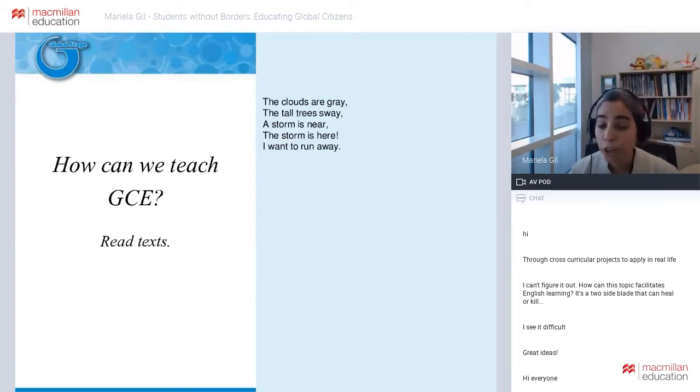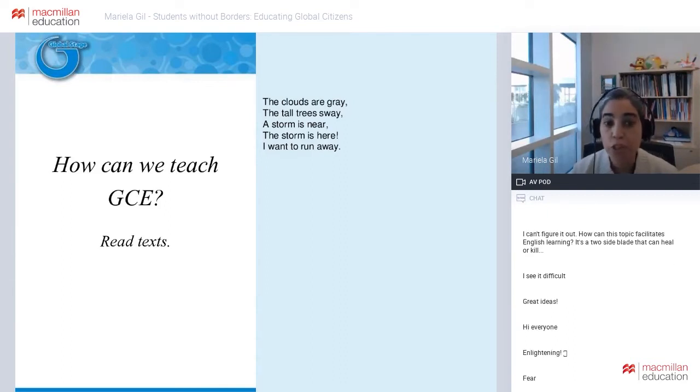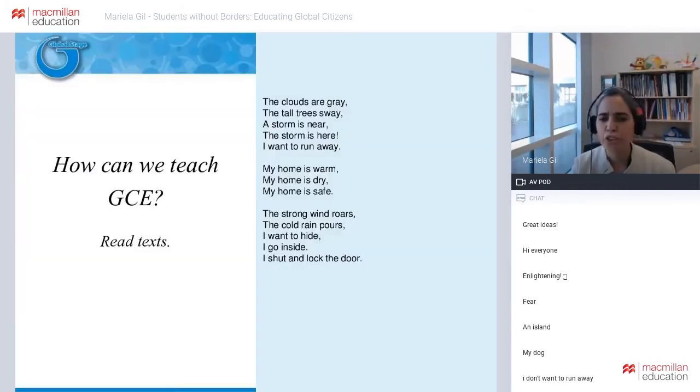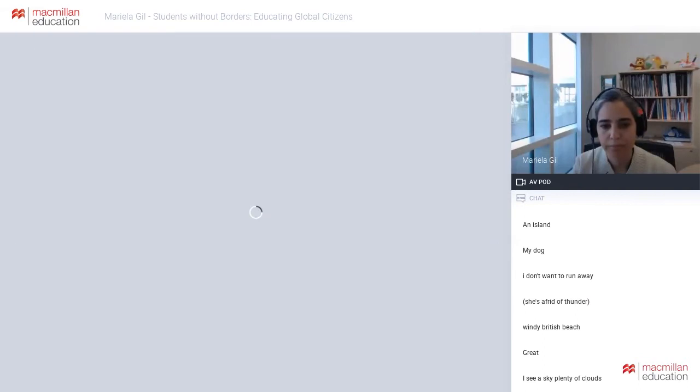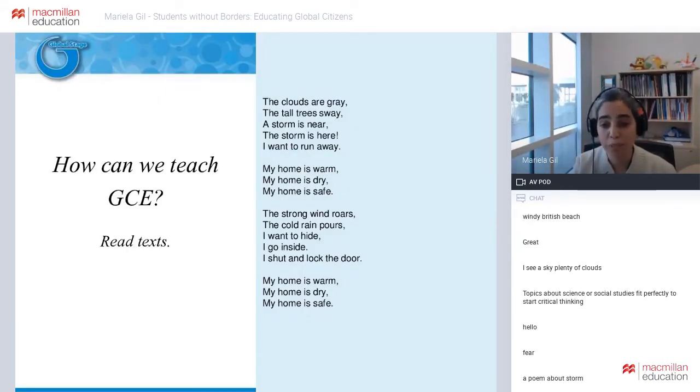The clouds are gray, the tall trees sway, a storm is near, the storm is here, I want to run away. My home is warm, my home is dry, my home is safe. The strong wind roars, the cold rain pours, I want to hide, I go inside, I shut and lock the door. My home is warm, my home is dry, my home is safe.